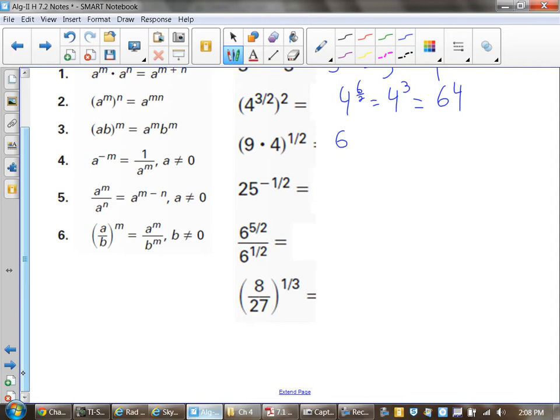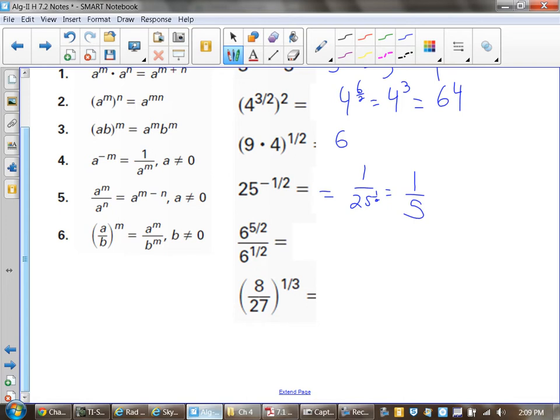Now, Kayla's favorite thing in the whole wide world was negative exponents. It's 1 over 5. Right? So this becomes 1 over 25 to the 1/2 power, which is 1 over 5. Why? Kayla, remember, I don't get why you put the 25 under 1.